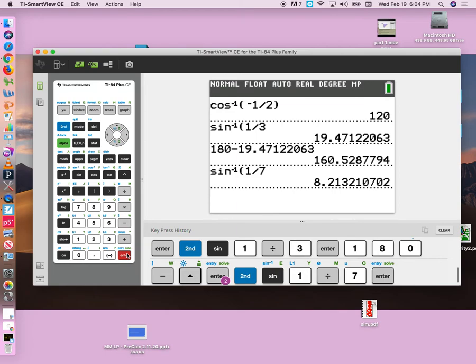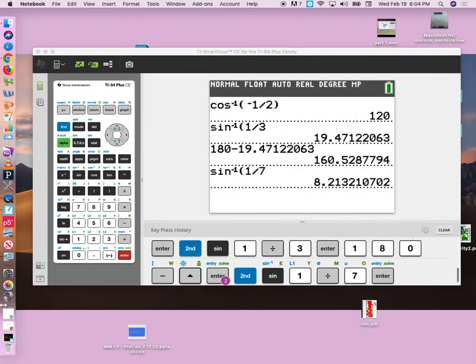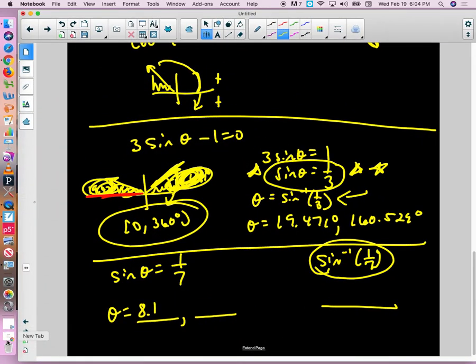Okay, and if we were doing 8.213, all right, so if we were doing this problem, it would be just the first one of our answers. And I think I'm in degrees still. So then I'm going to subtract it from 180 because sine is positive here and here.